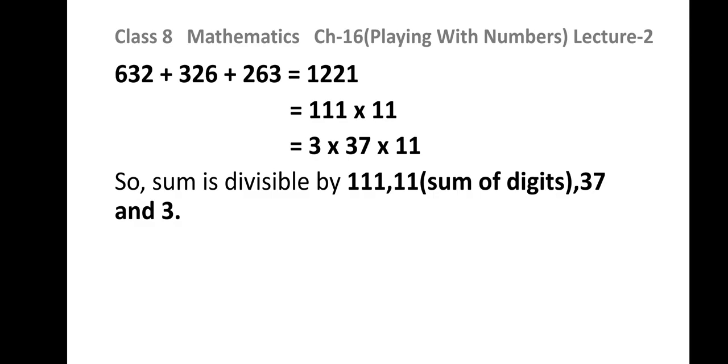Here cyclic order is we are writing the numbers in the clockwise direction and adding them, then that particular result will be divisible by 111, 11, 37 and 3. 11 here refers to the sum of the digits. This is a very important point to remember and use in the questions.